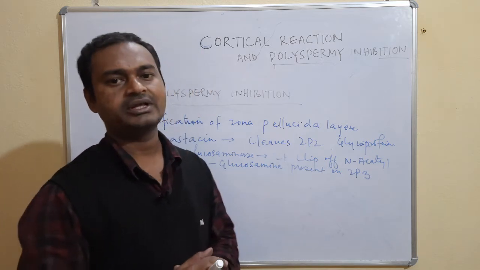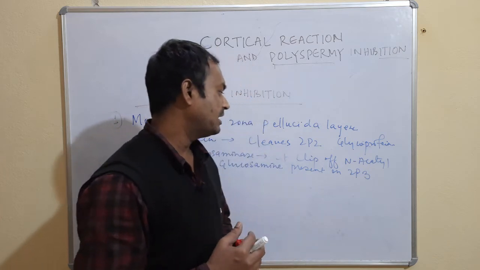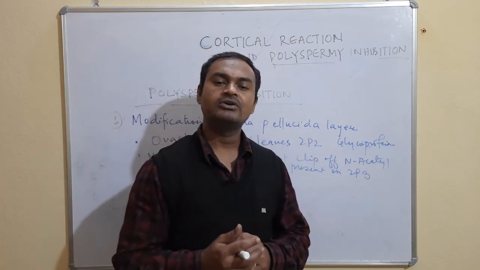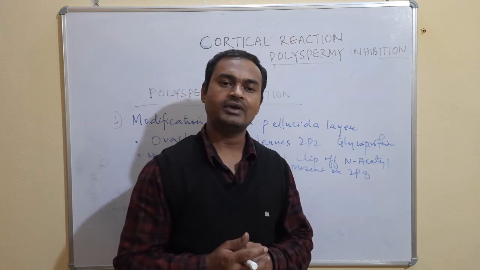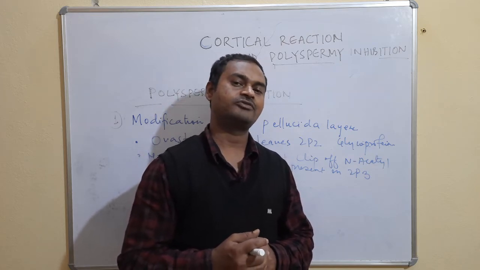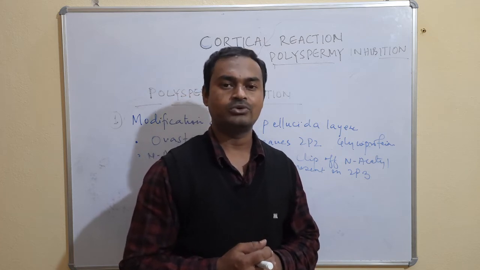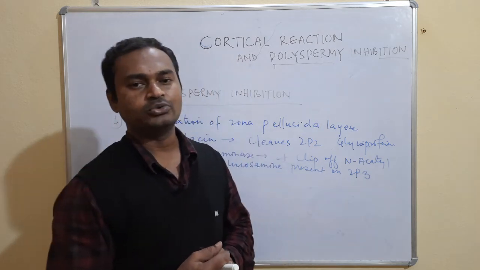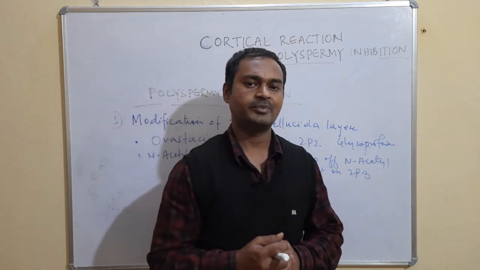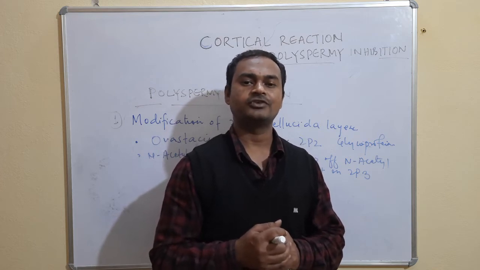these two proteins, the sperm does not bind on the surface of the zona pellucida 3, and in this way, if it doesn't bind on the surface of the zona pellucida, no more sperm could bind on the surface of the zona pellucida, and it could not pass through the zona pellucida membrane, and hence it could not fertilize the ovum.